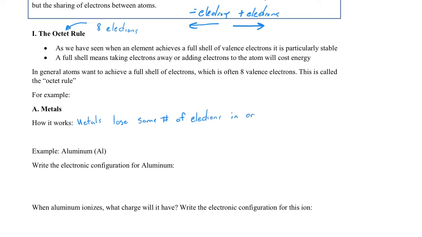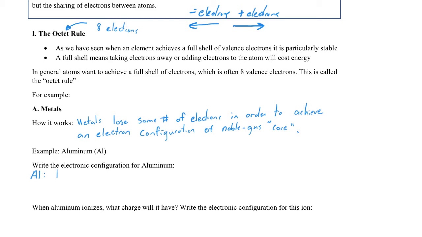And the noble gas that they're going to mimic as far as their electrons go is the electronic configuration of the previously occurring noble gas, the noble gas at the core of the metal. Rather than gaining electrons to become like the next noble gas, they lose electrons to become like the previous noble gas. That's what metals do. We know that makes sense because metals tend to be cations, not anions, so they're always losing electrons.